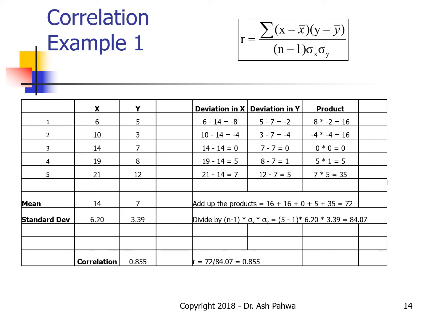And then again divide that by 6.20, and then again divide that by 3.39, which are the standard deviations of x and y. As you can see, we get the number 0.855. So the correlation is always going to be between -1 and +1. And the closer it is to +1, the stronger the correlation is between those two variables.